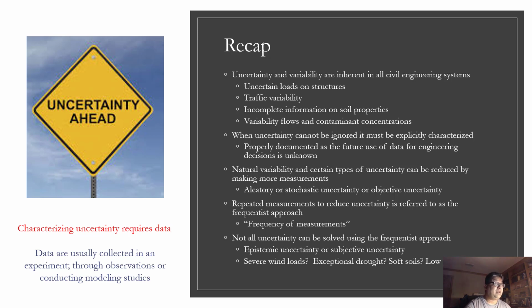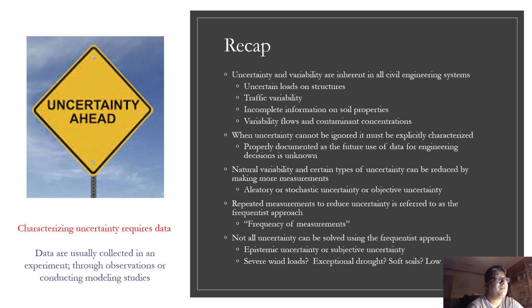Characterizing uncertainty requires data, and data are collected either through observations, conducting an experiment, or doing modeling studies. Those are the three different ways in which we generate data in most civil engineering problems. Uncertainty and variability are inherent in all civil systems.